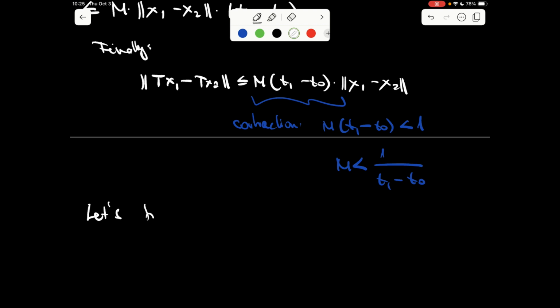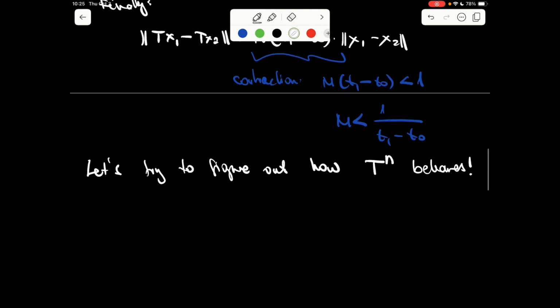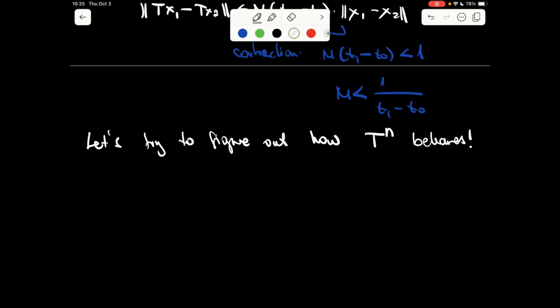So we have this result, and on this ground, let's try to figure out how this mapping behaves. So first, n is 2. In this case, we have this norm.